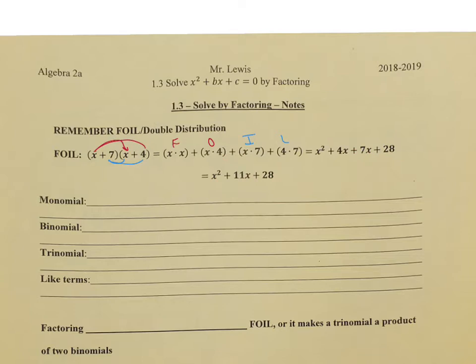So some keywords, right? A monomial is an algebraic expression of one term. So if you have one term, it's a monomial. So just X or just 7.